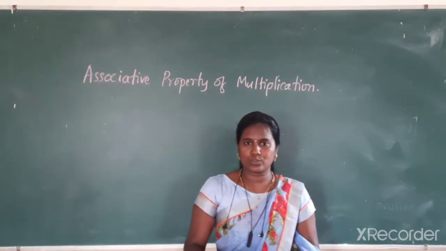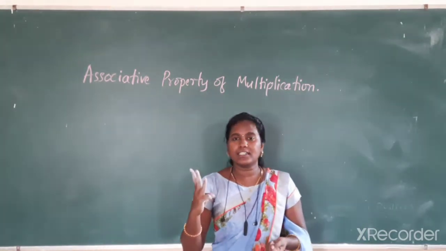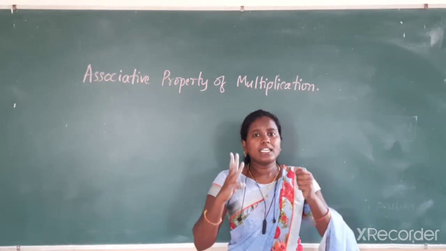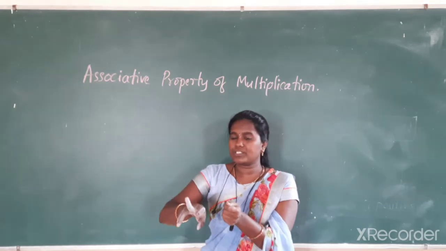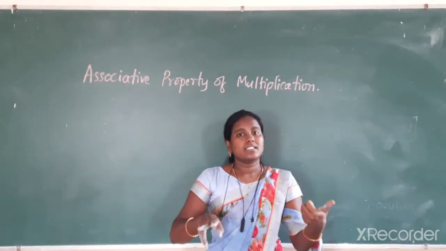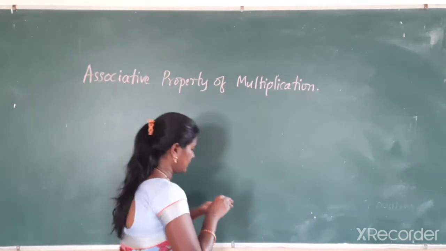Here, in this associative property, we should consider three integers, because we are going to group the integers: first two on one side and the second two on the next side. Let us take an example.